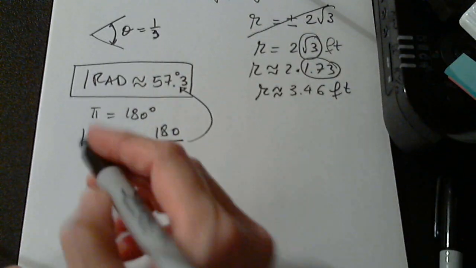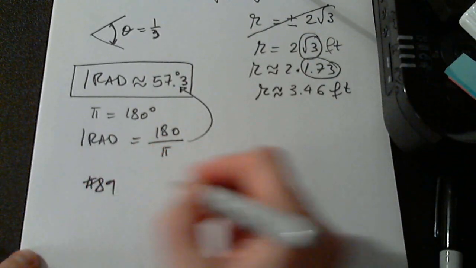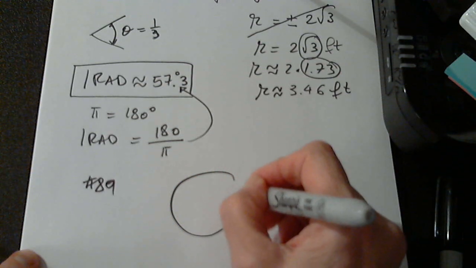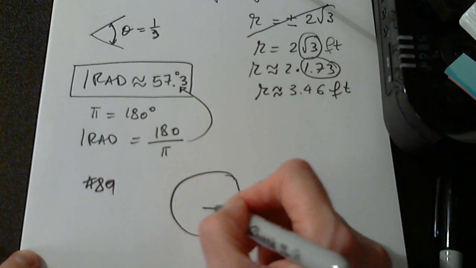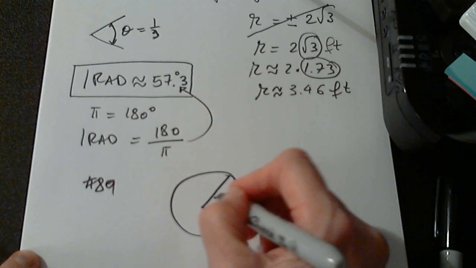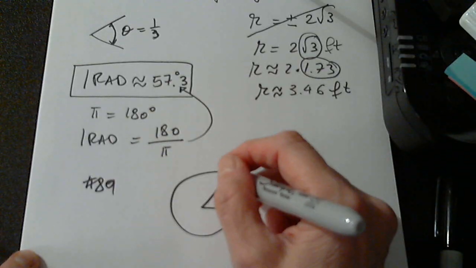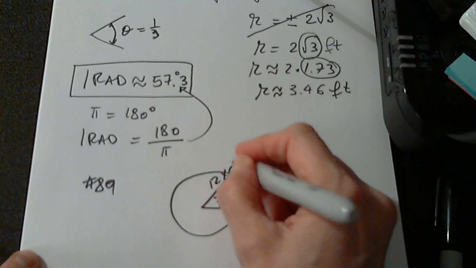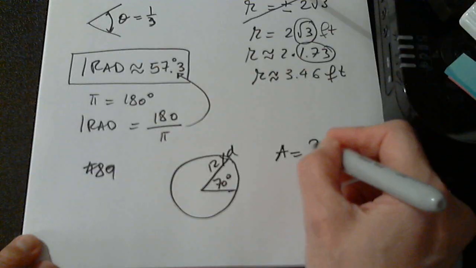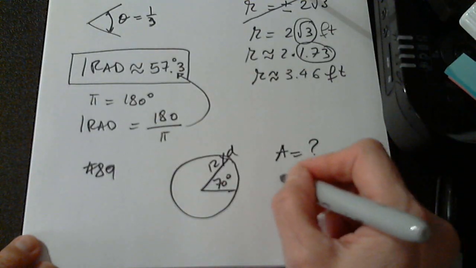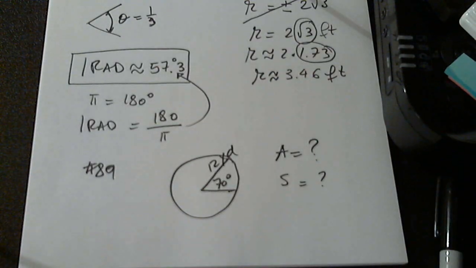Okay, so 89. So I'm going to graph. So this is 70 degrees, and the radius is 12 yards. And they want us to find the area, and they want us to find the arc length.